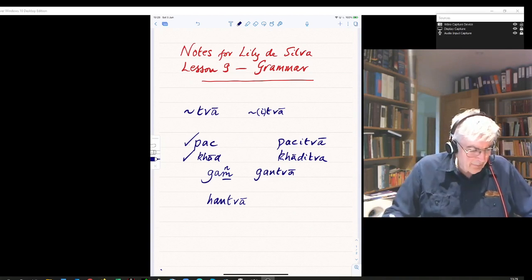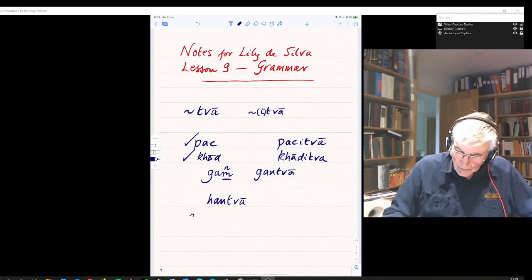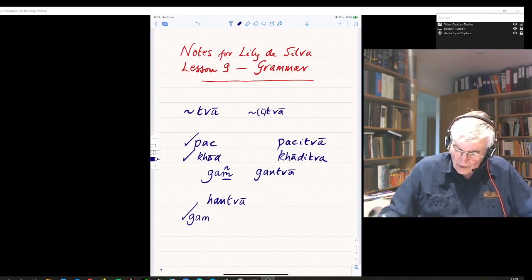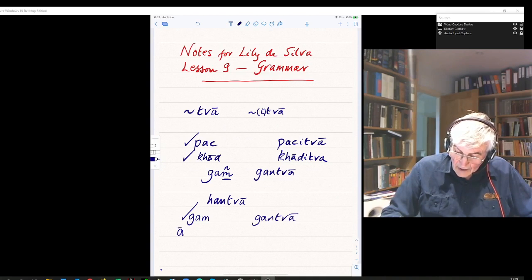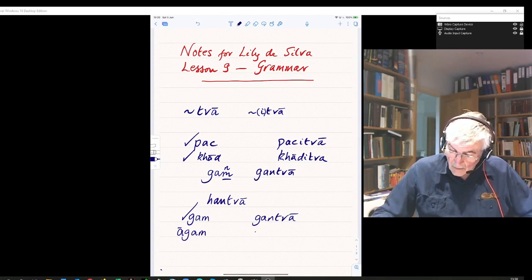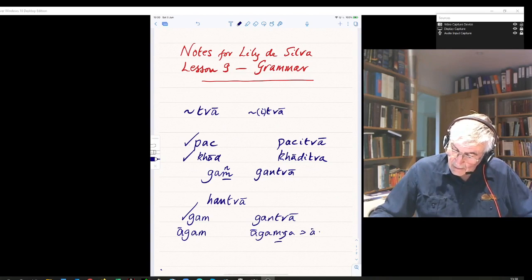So for example, gam, to go, Sanskrit root gam, to go, gantvā, having gone, but with a prefix ā, āgam, it becomes āgamma or āgamya, then which the mya then becomes āgamma.